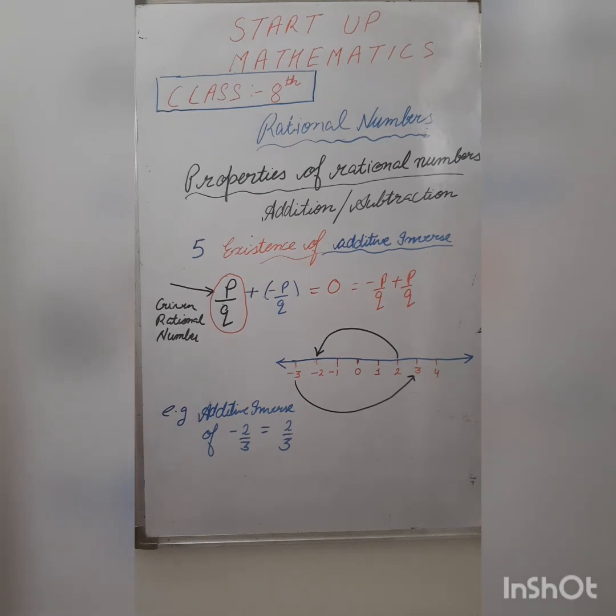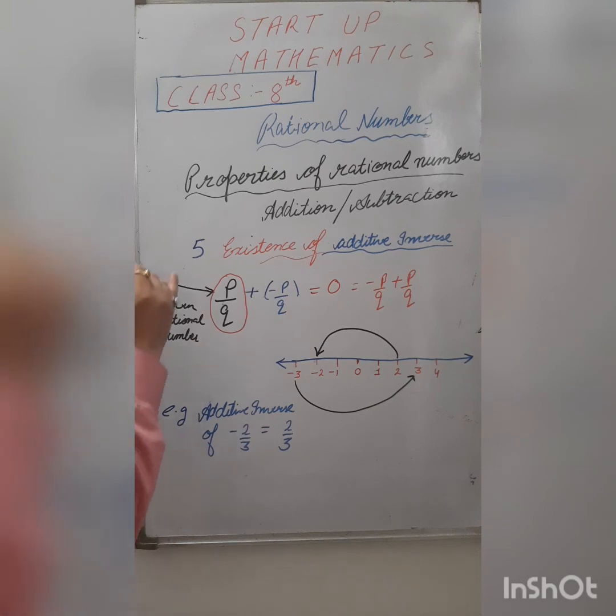Now we will take a simple example based on these 5 properties one by one. First we take an example based on the first property, the closure property, and the second property is the commutative property. It's a very important property.